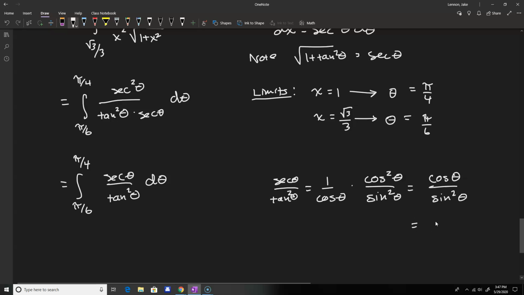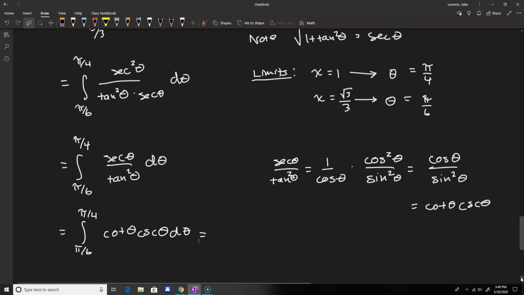That is cosine of theta over sine theta, which is cotangent of theta, and then we have 1 over sine theta left over, which is cosecant of theta. So we can rewrite this integral as the integral from pi over 6 to pi over 4 of cotangent theta cosecant theta.